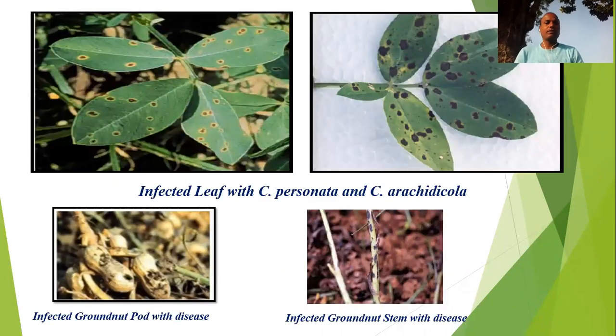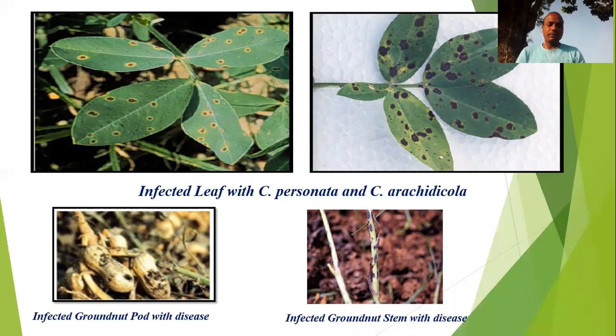You can see different pictures of the infected parts of the groundnut. The first is a leaf spot by Cercospora personata. The second figure shows Cercospora arachidicola, the third shows the infected groundnut pod, and the fourth figure shows the infected groundnut stem.